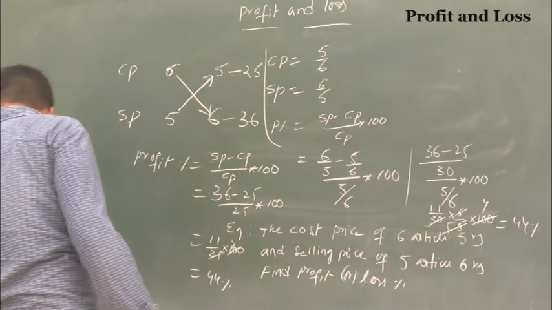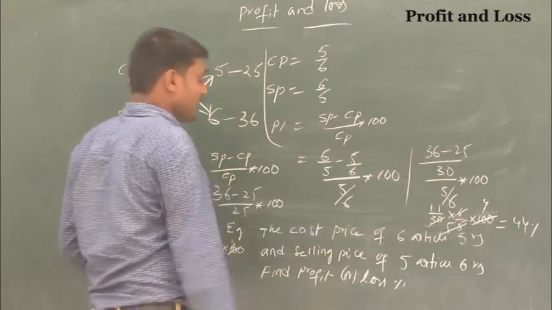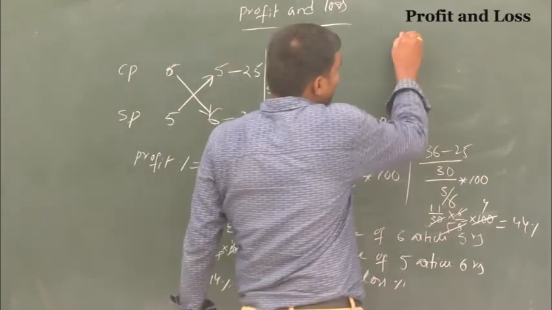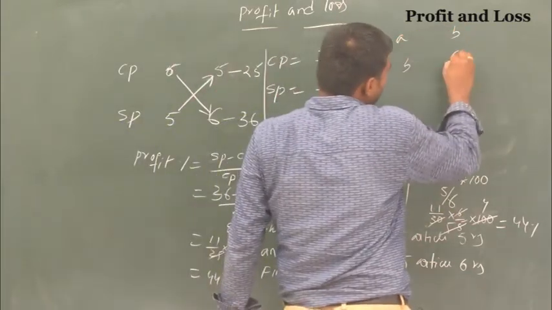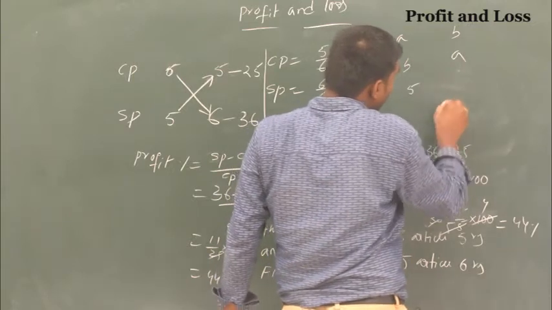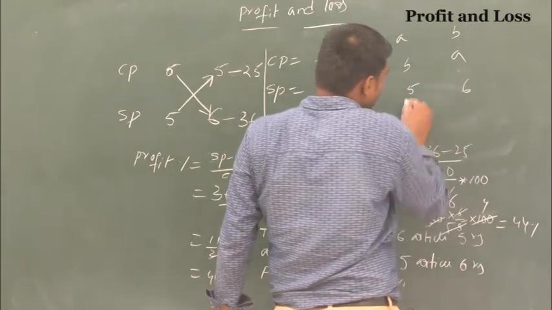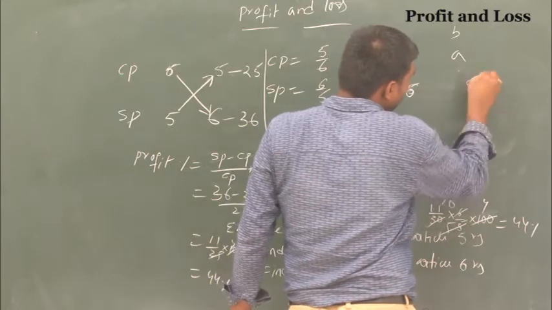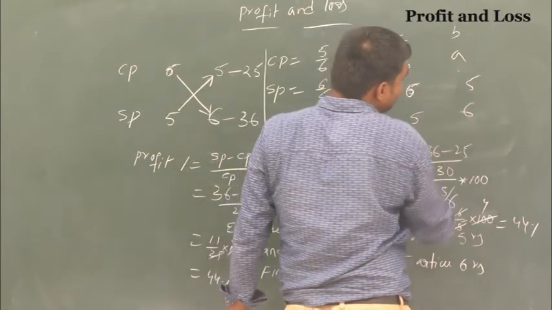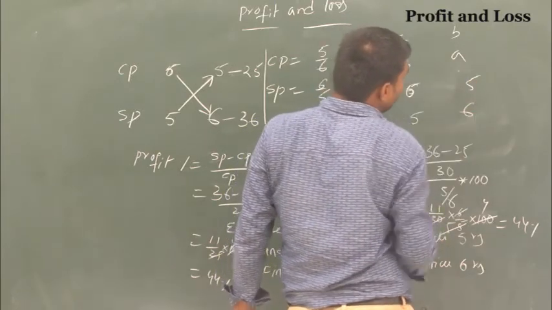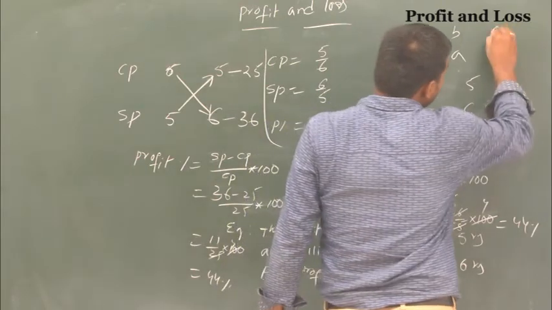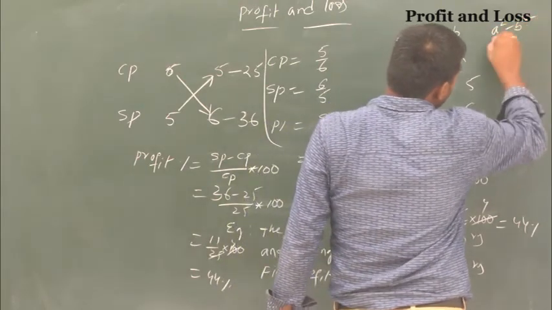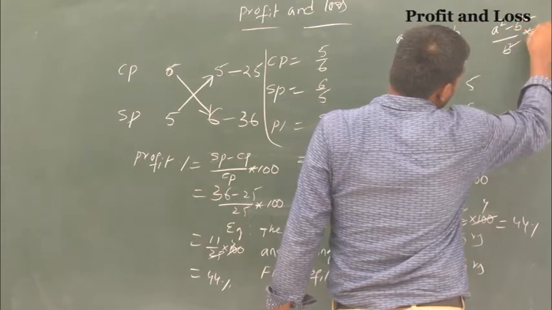Another alternate way: if the cost price is A articles for B rupees and the selling price is B articles for A rupees, that is, 5 articles for 6 rupees and 6 articles for 5 rupees, then the percent is (A square minus B square) by B square into 100.